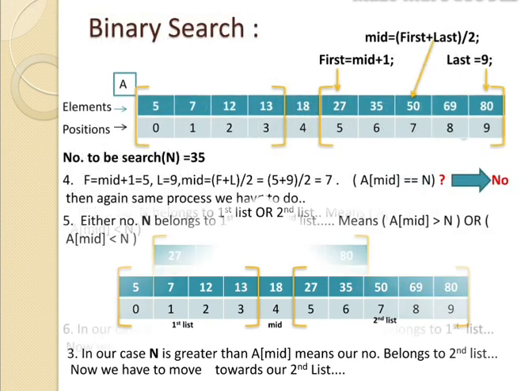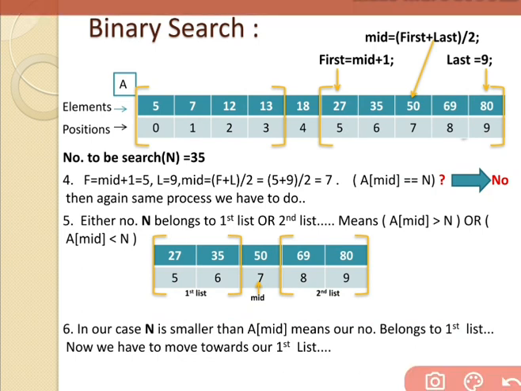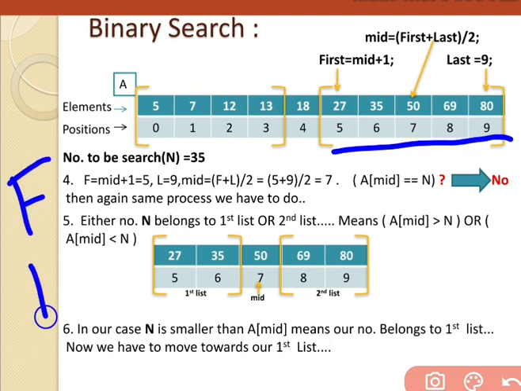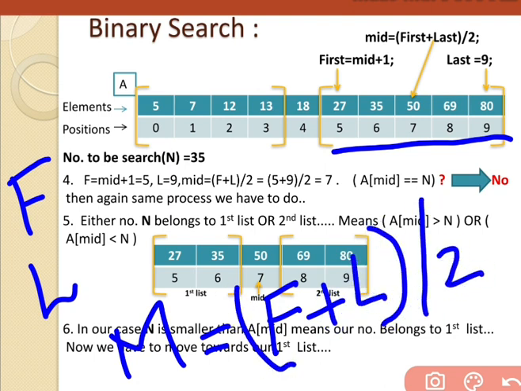See, now what happened? Now we have our second list with us. What do we have to do? Previously I told you binary search requires the first element, the last element, and then we have to find our mid element. How? By adding first with last divided by 2.